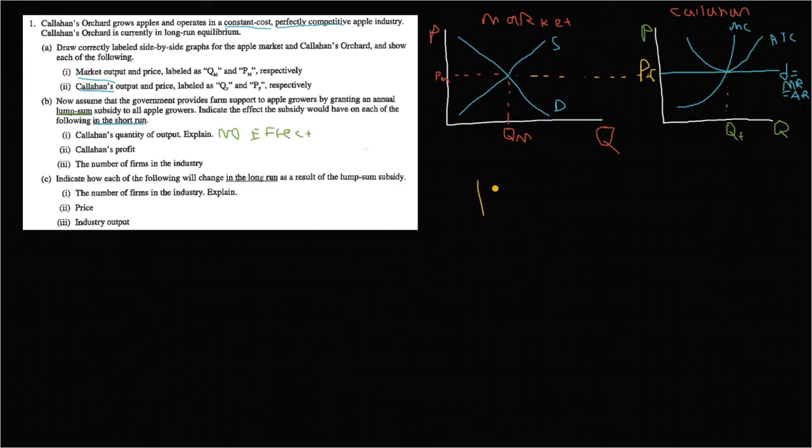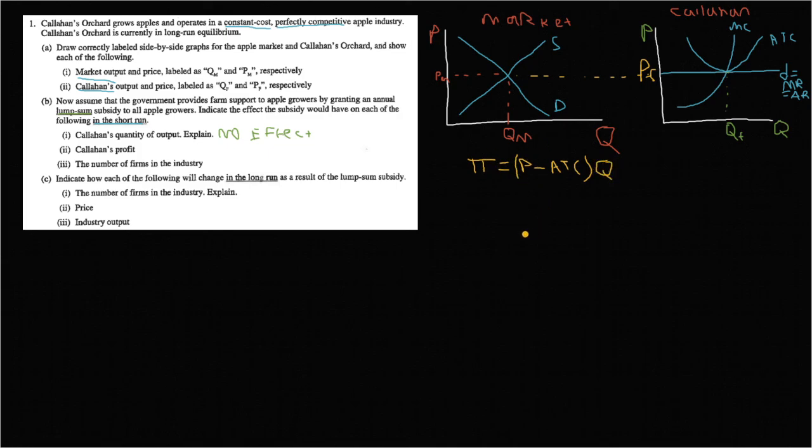So the profit, pi, is price minus average total cost times quantity. Yeah, I had to think through that, but it's price minus average total cost times quantity.